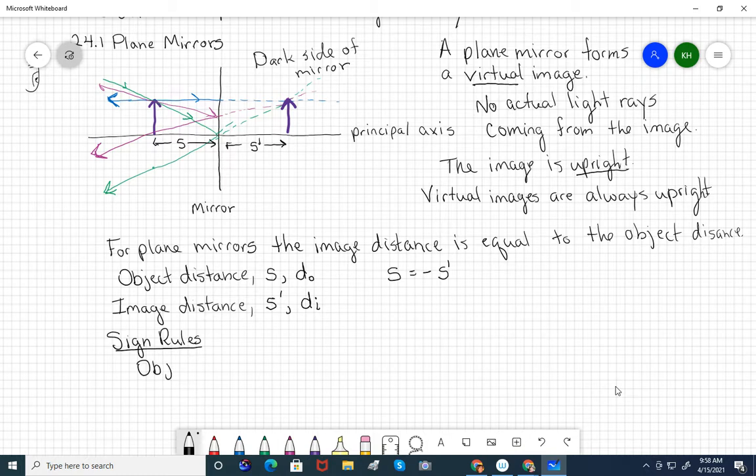Object distance is positive when it's on the side of the incoming light.